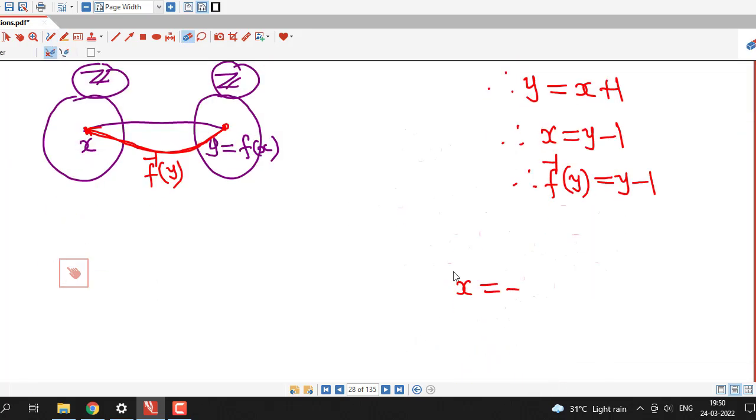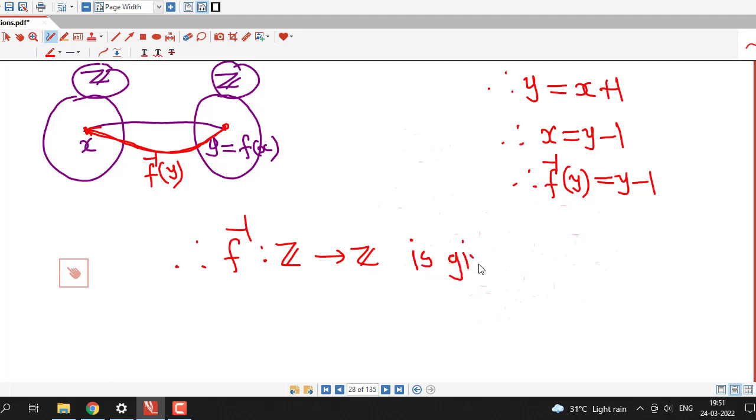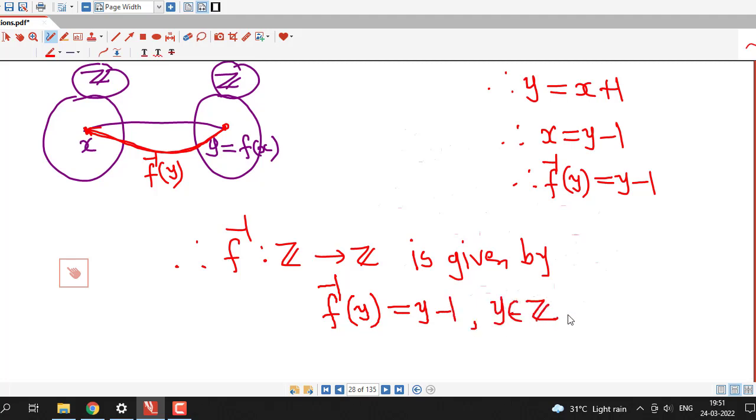So, therefore, the function is invertible, and f inverse from Z to Z exists and is given by f inverse of y equal to y minus 1, y belongs to Z.